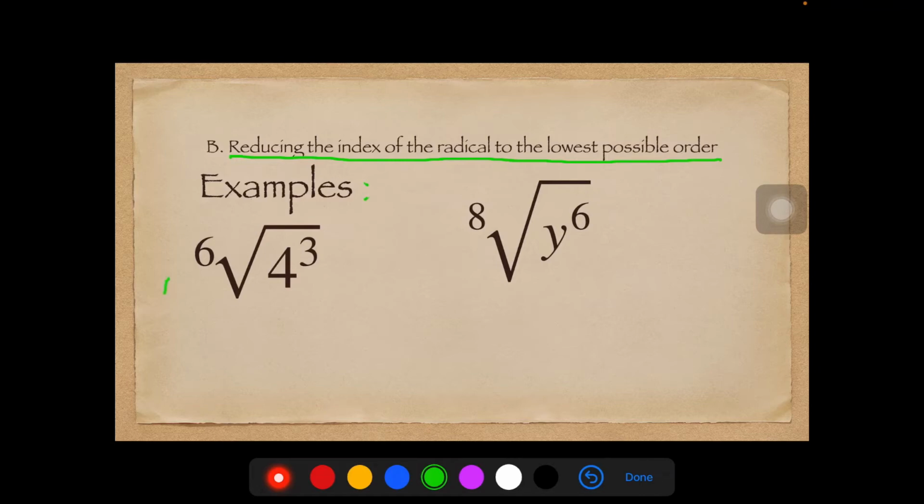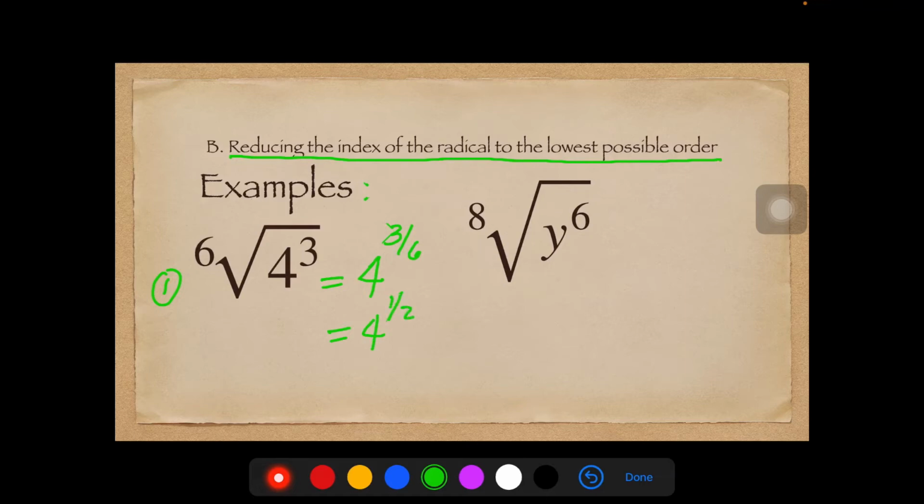The first one is read as the sixth root of 4 to the third power. Now, we can go back to your previous lesson of simplifying this, and we are going to rewrite this into the exponential form. So it should be 4 raised to 3 over 6. This 3 over 6 can be, of course, reduced into 4 raised to 1/2, correct?